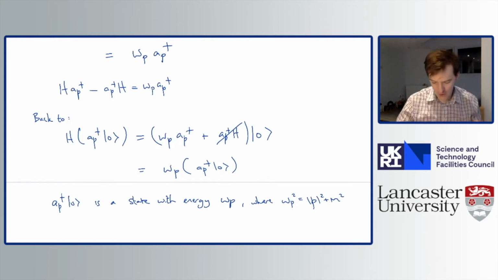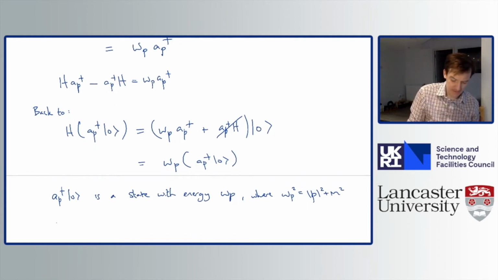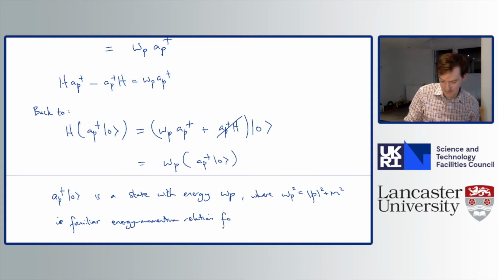This should be starting to look like something that you would expect for a single particle, because this is the familiar energy momentum dispersion relation for a single particle of mass m.